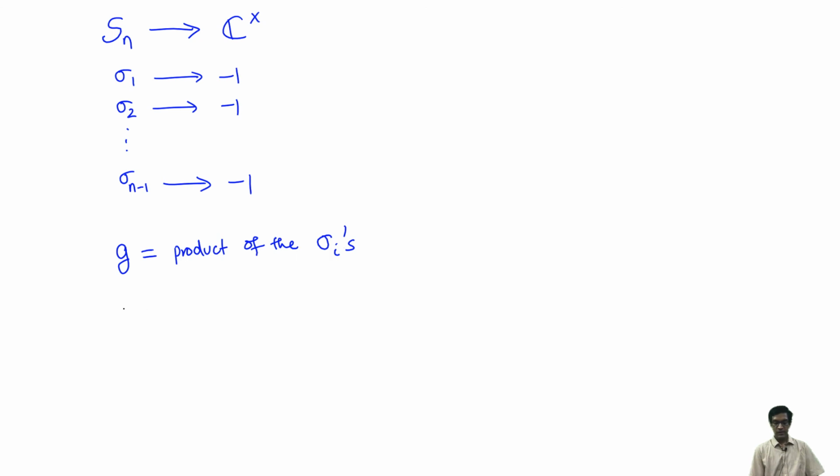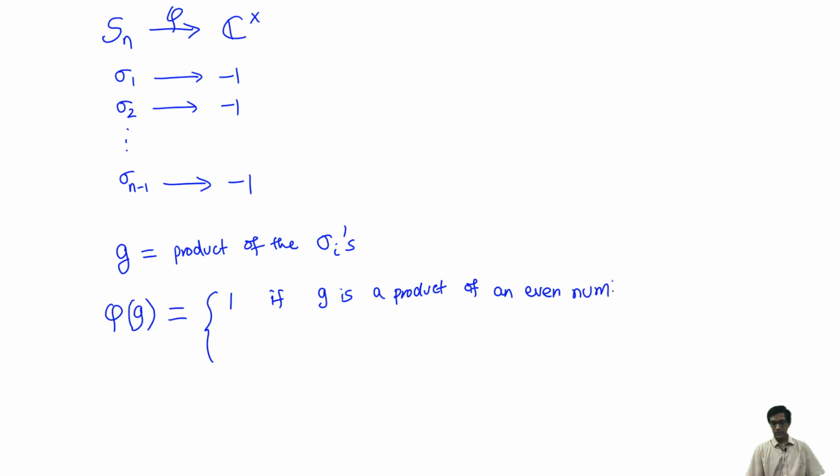And this map phi, what is it? Phi of g is always plus or minus 1, but it's plus 1 if g is a product of an even number of simple transpositions.